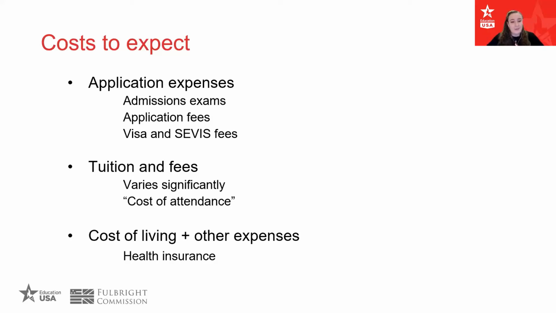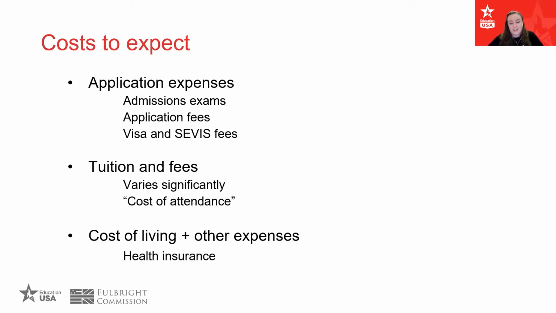And then thirdly, up here, we have got cost of living and other expenses. So whilst that cost of attendance that I just mentioned may include things like room and board and some expenses like that, you might still also have to consider things like clothing or entertainment, and in some instances, food. It just depends on the plan that the university has.